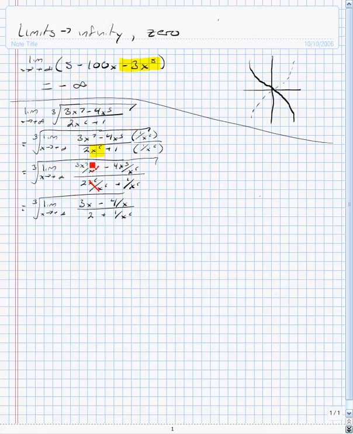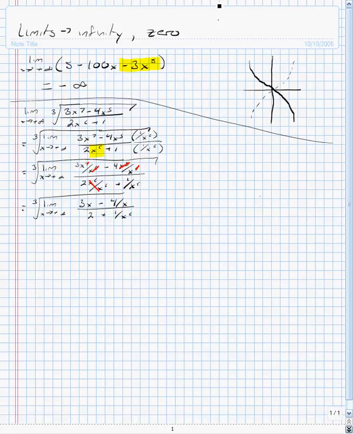This will cancel out all but the last power. Same thing here. This will cancel out all but the last power, so we're left with 4 over x, and here we're left with just 1 over x to the sixth.